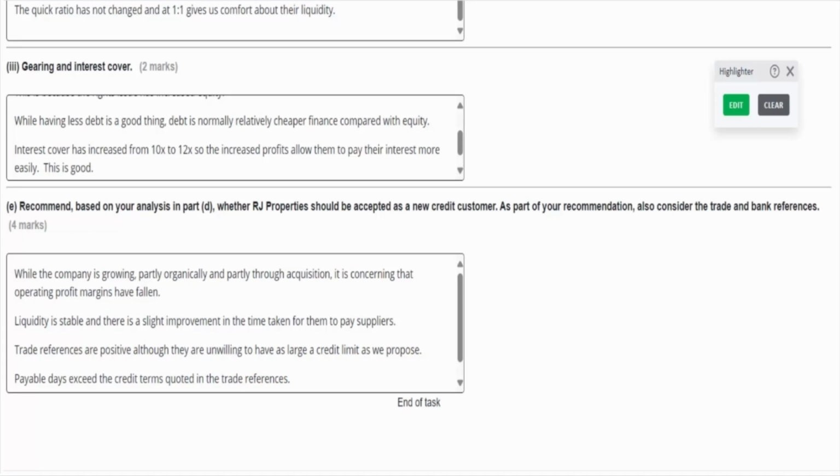So we are saying here there's a 2 percentage point fall in operating profit margin, and this is bad, compared with the gross profit margin where the increase was good. So being able to apply your judgment can possibly get you more marks in the exam.